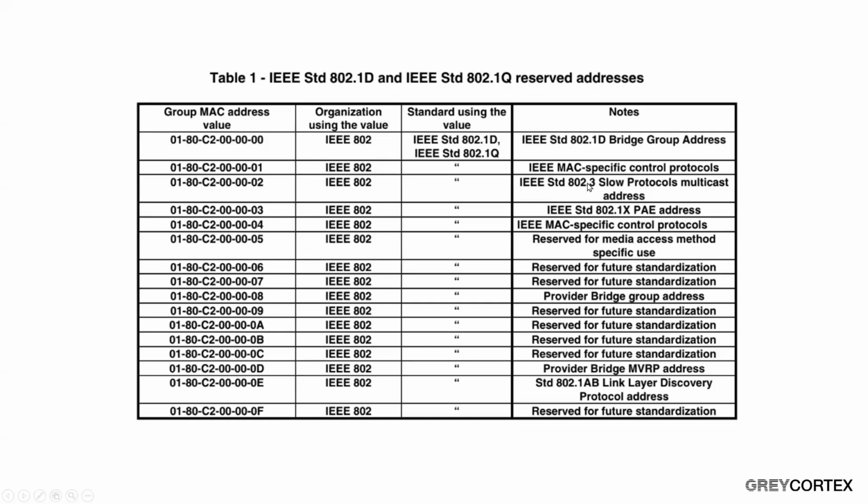The 02 is the protocol for slow multicast protocols, for example. You can see there are all kinds of standardization and reserved types of MAC addresses which are used to configure and to run your network. So it would be nice if we could monitor these kinds of things and whether they are configured right.